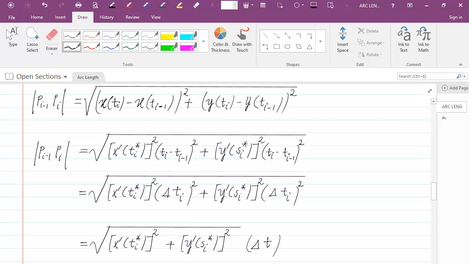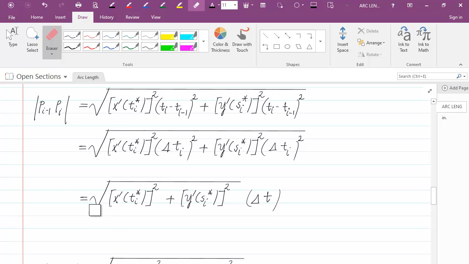And then what we get is this expression where now we can factor out delta t_i squared. And if we factor out delta t_i squared outside of this square root, then we end up with the square root of x'(t_i star) squared plus y'(s_i star) squared, multiplied by delta t_i.